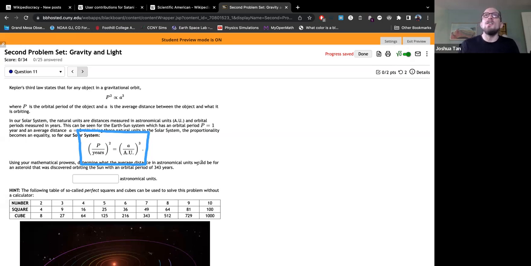Now, what's interesting about this problem is I've chosen particular measurements of periods and distances so that you could, if you were clever, be able to calculate this without using a calculator. All you would need would be this information down here, which is square and cube numbers that are perfect cubes and perfect squares. That's sort of a challenge for people wanting to do this problem without a calculator, but of course you can use a calculator if you'd like.